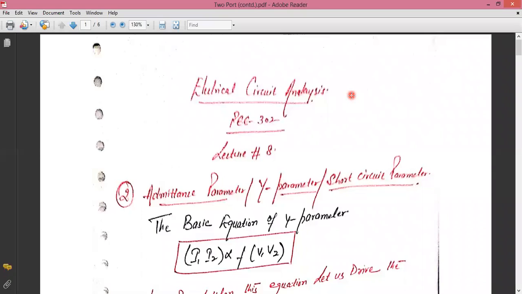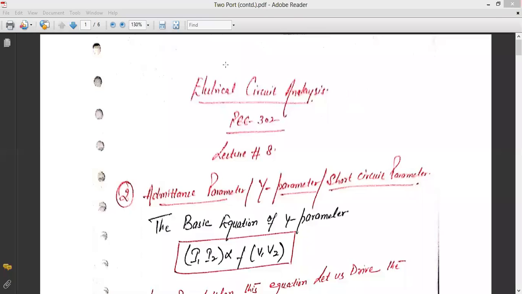Today is lecture number 8, which is the continuation of the previous lecture on two-port network analysis.